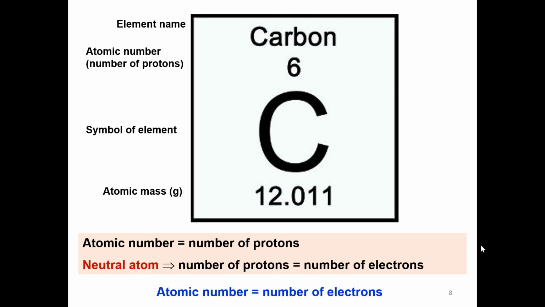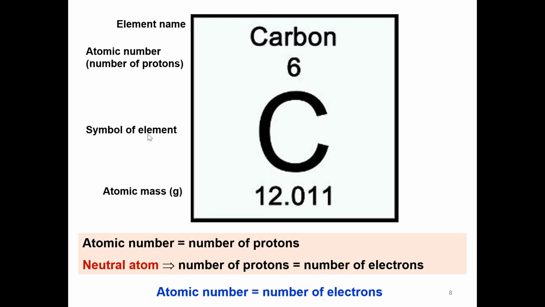To write the electronic configuration of an atom, we need to know the number of electrons. We can find this information in the periodic table. For example, in case of carbon, you will find the element name, and the number below the element name is the atomic number, which corresponds to the number of protons.